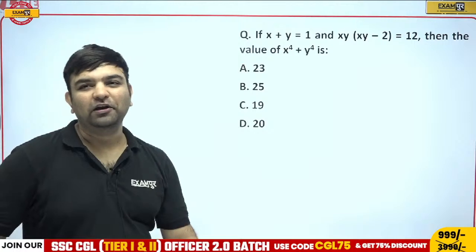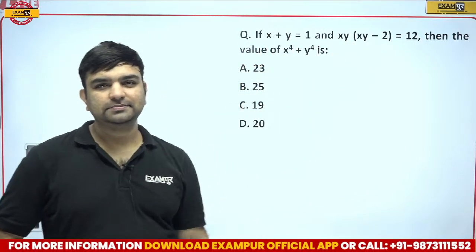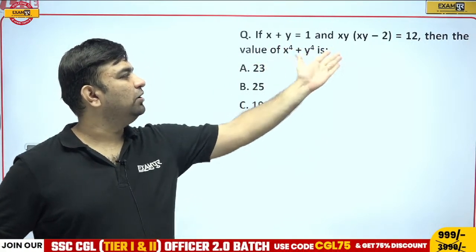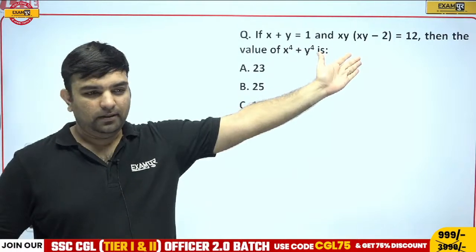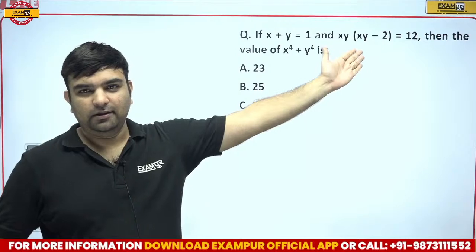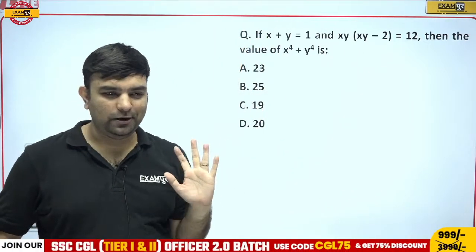You can't do it from value putting. Two equations, two variables. Even the values, you can also not assume. If you try it for 1 by 2, 1 by 2, I think it won't satisfy. And you can't assume any value.